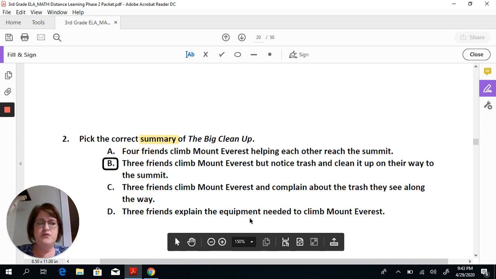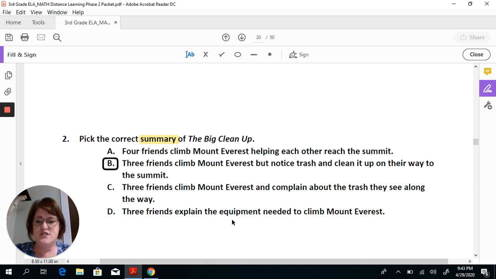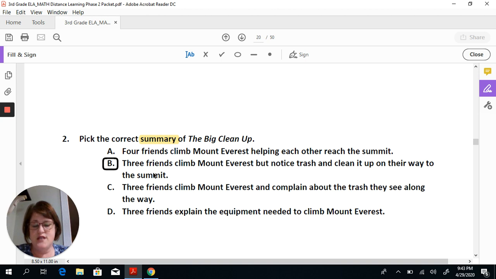It is true that Renzen explains the purpose of the oxygen tanks, but that's not what the whole story or the whole drama is about. That's more like just one detail. So the best answer would be B. 3 friends climb Mount Everest, but notice trash and clean it up on their way to the summit or to the top of the mountain.